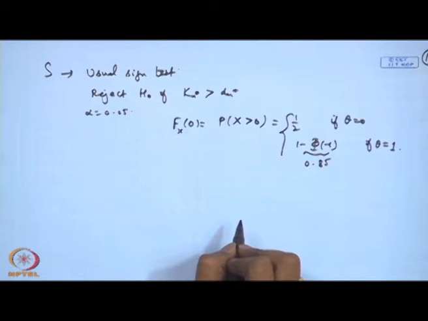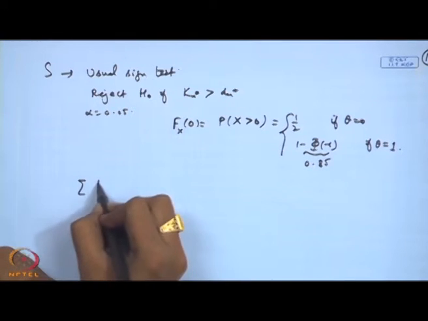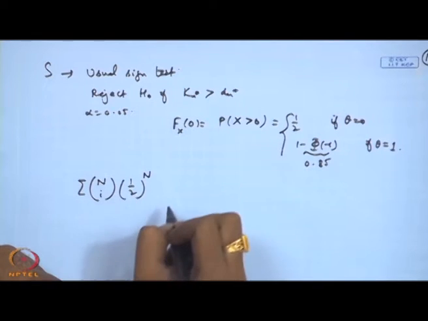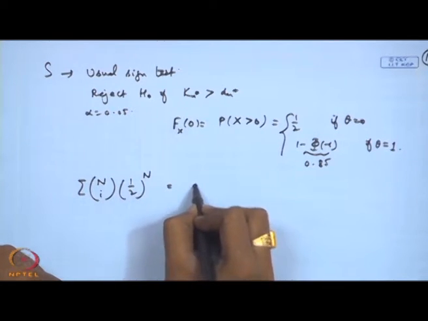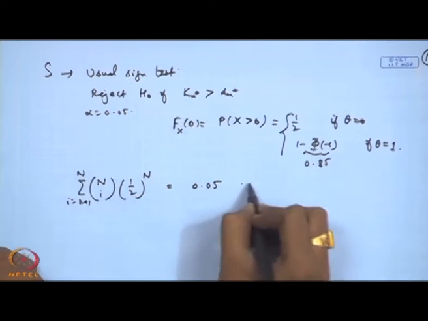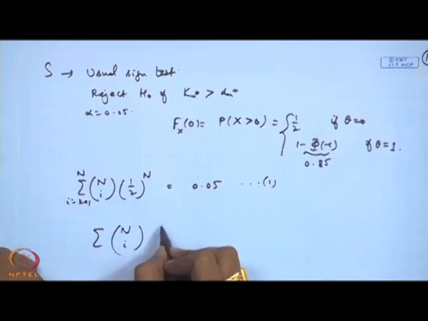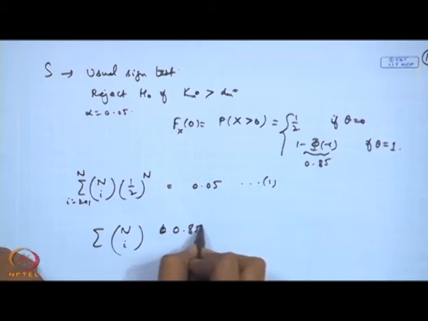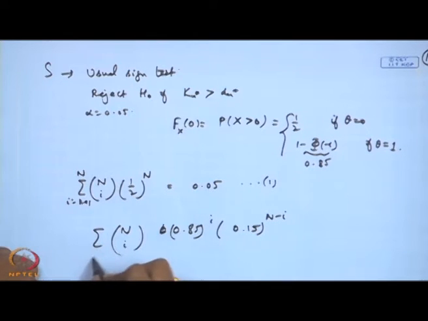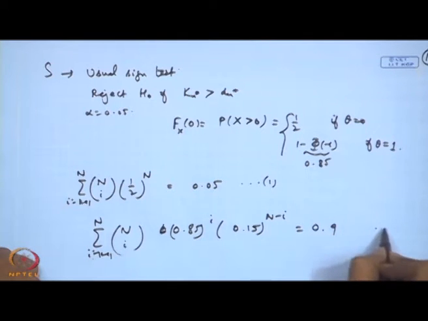Now we have two equations. Sigma n C i, half to the power n, for i equal to k plus 1 to n, is equal to 0.05. This is one equation, and the second equation is sigma n C i, 0.85 to the power i and 0.15 to the power n minus i, for i equal to k plus 1 to n, that should be equal to 0.9.